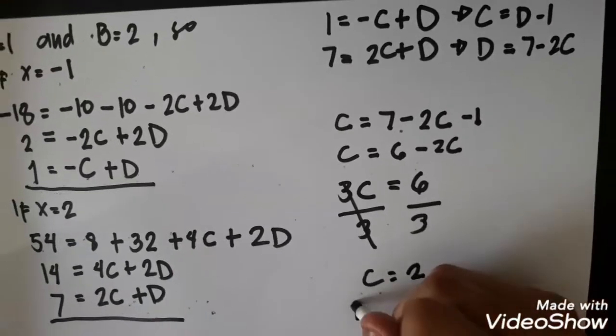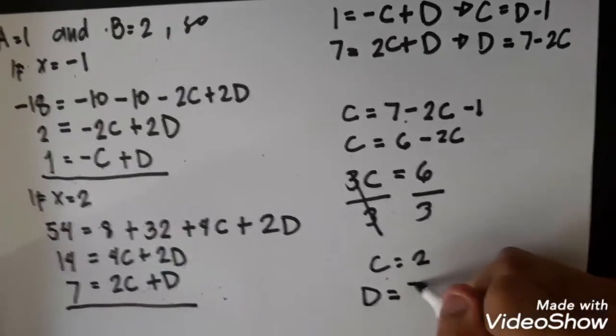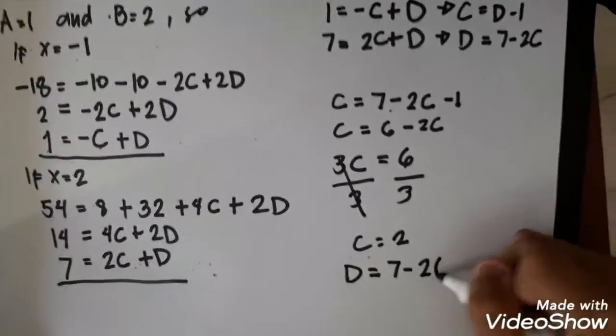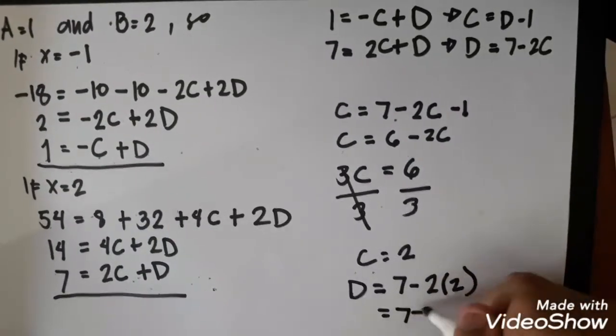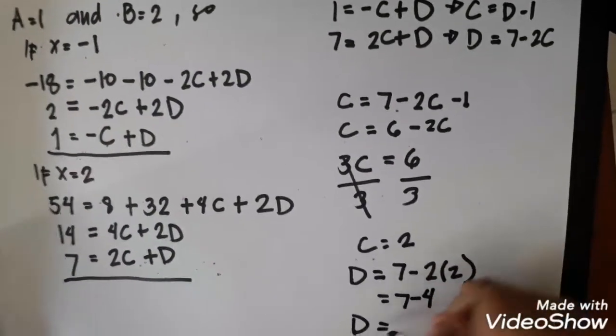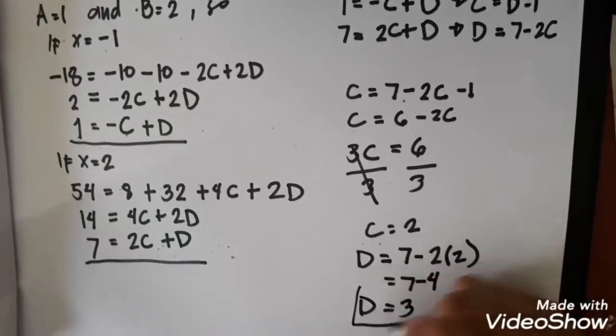Next, d is equal to 7 minus 2 times 2. Then 7 minus 4, d is equal to 3.